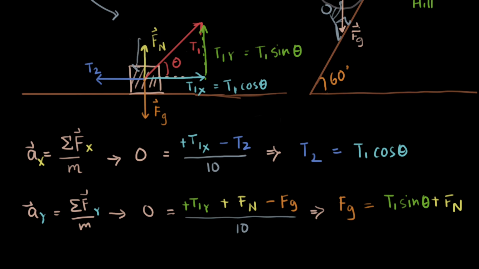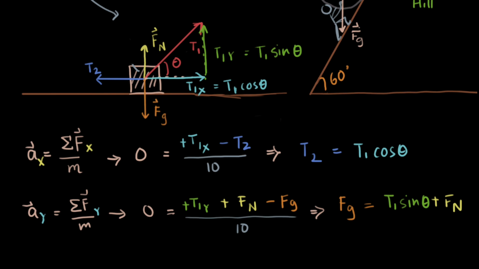We had this force, let me write that with a different, more visible color, and this force in the x-axis. So that meant that our normal force and our T1 sine theta were being balanced by the force of gravity.